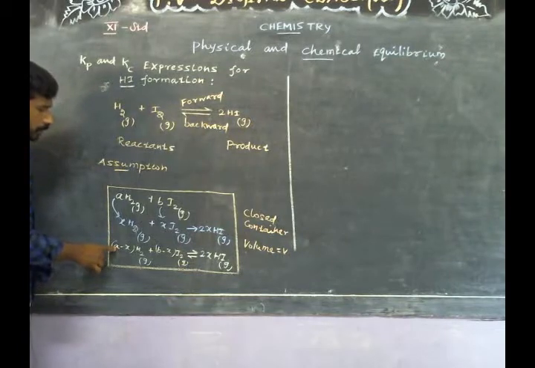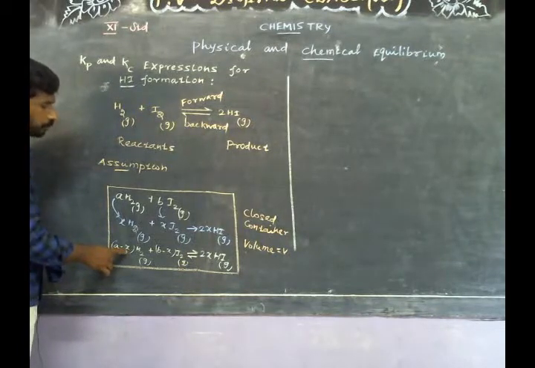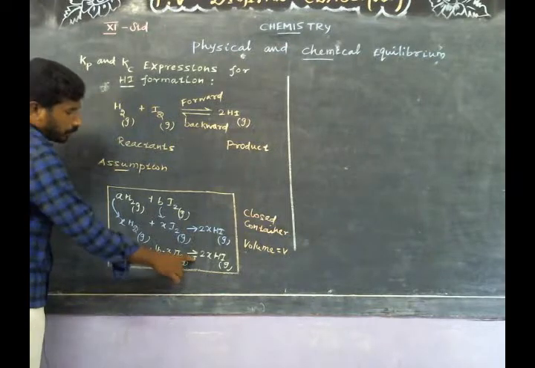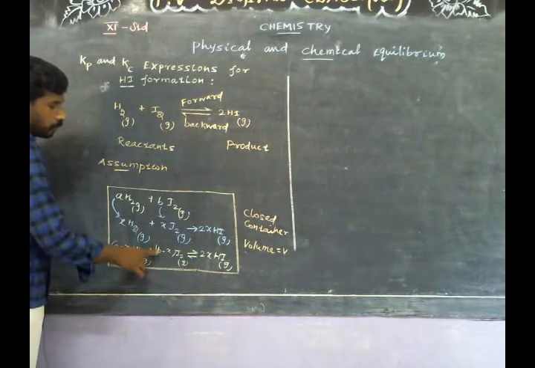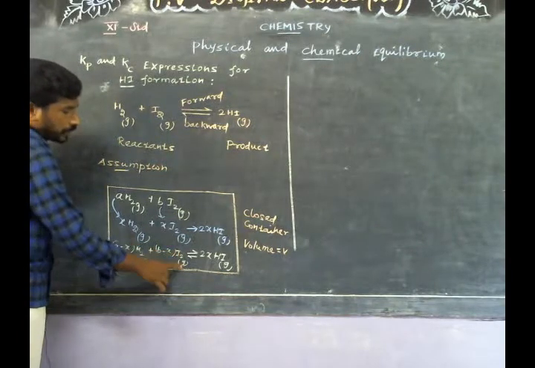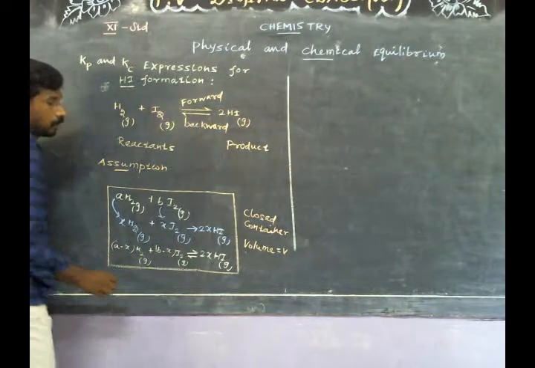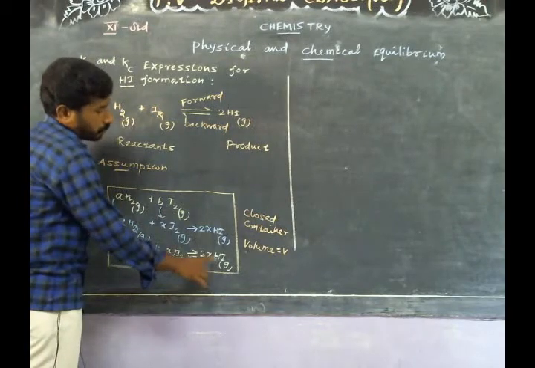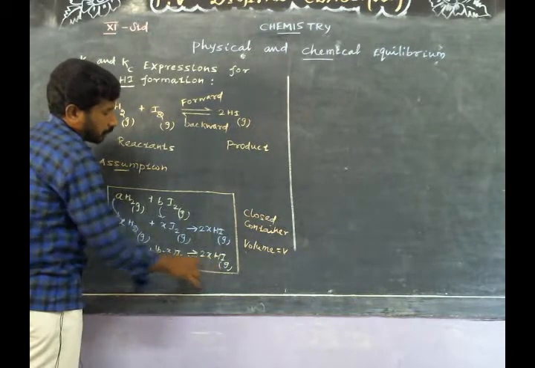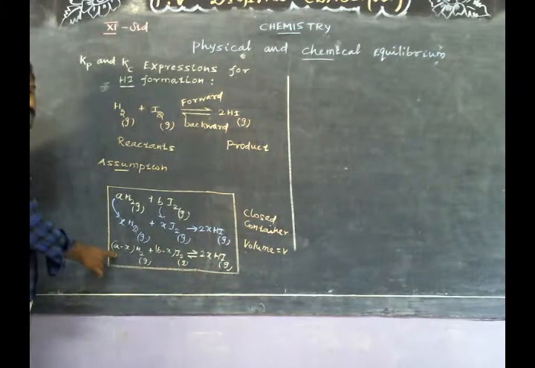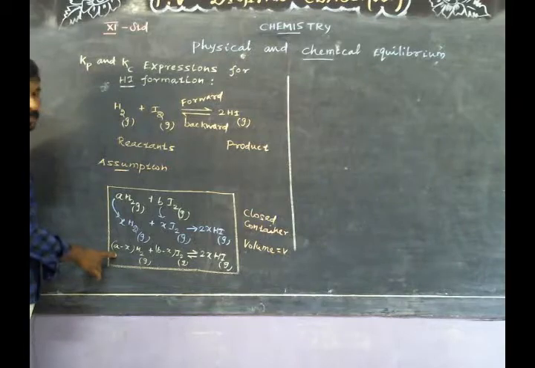Here, A minus X is the number of moles of hydrogen gas at equilibrium, B minus X is the number of moles of iodine gas at equilibrium, and 2X is the number of moles of hydrogen iodide gas at equilibrium. By using this data, we can create a table.